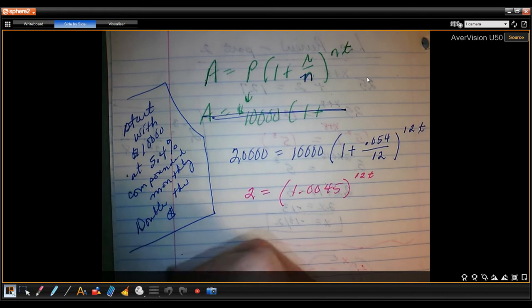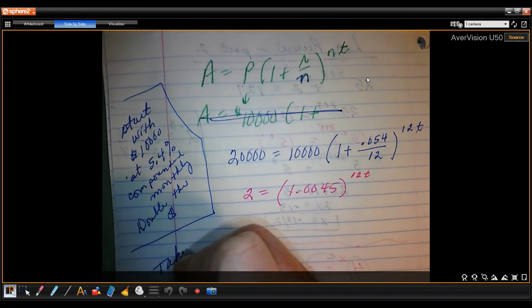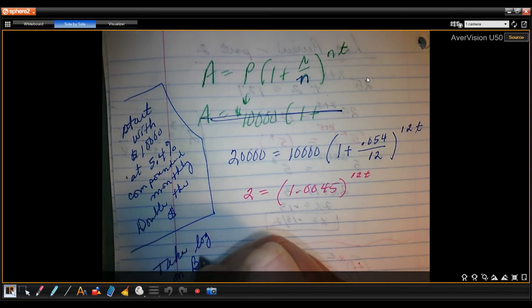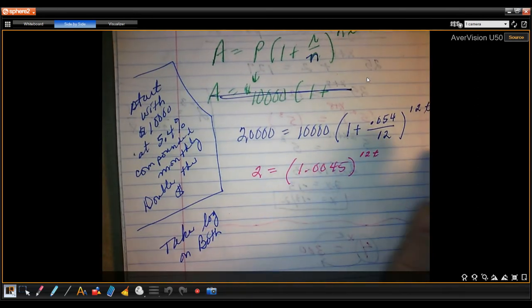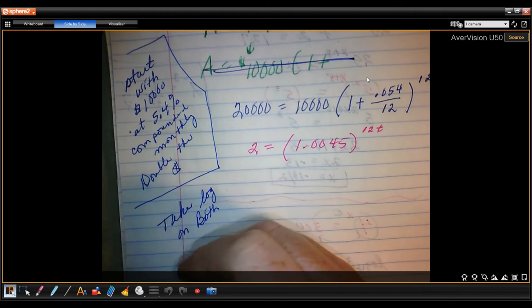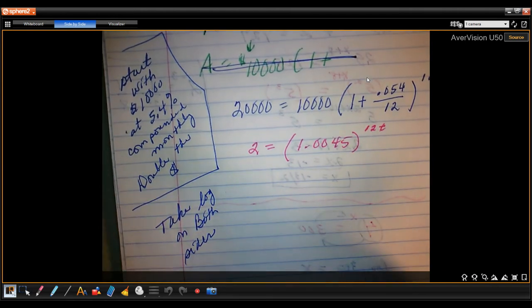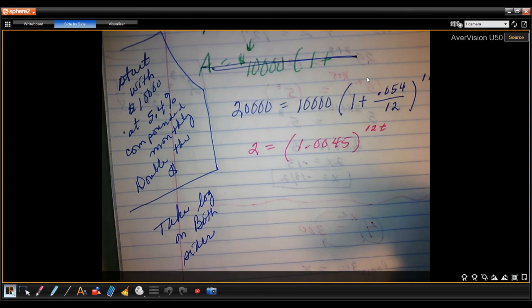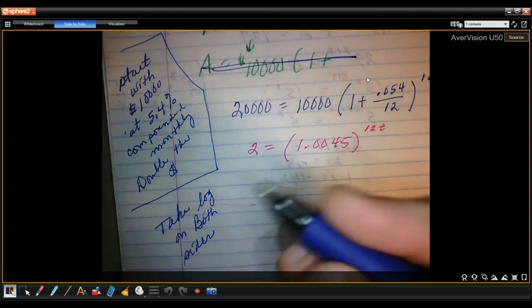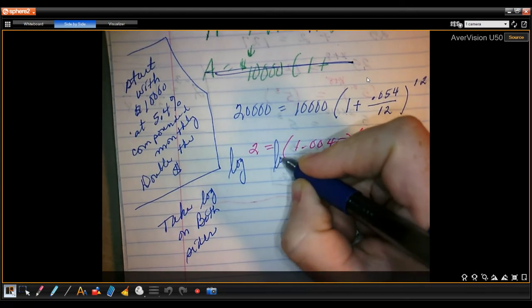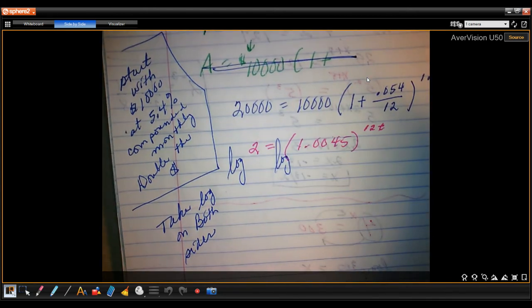So we're going to take log on both sides. And what is the base of log? 10, right? So we are taking the same base. So we're going to take log on both sides, which is log base 10. So we are taking the same base, just in log form. So this is what I'm doing. I'm doing log and log. So I'm taking the log base 10 on both sides.